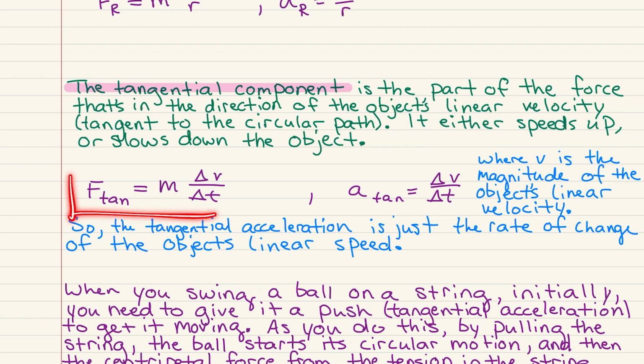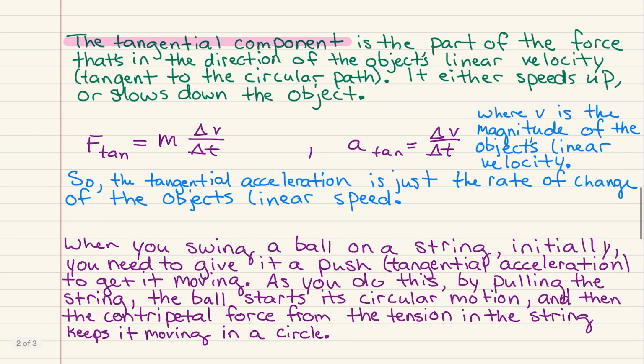So this is Newton's second law, but for acceleration, we've plugged in the definition of average acceleration, which is delta v over delta t, right? And then of course, the tangential component to acceleration is just that definition for average acceleration, where v is the magnitude of the object's linear velocity. So the tangential acceleration is just the rate of change of the object's linear speed.